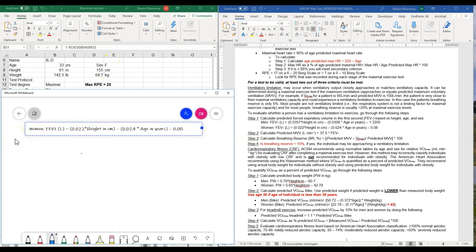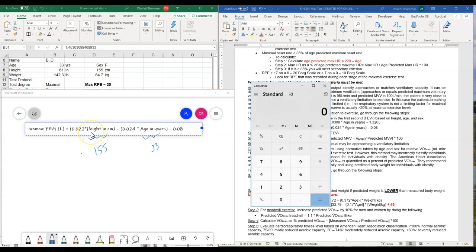And so you're going to substitute height. Height is going to be 155. You'll substitute age in years. It's going to be 33. And then you'll solve for this. So better to do the parentheses first, and I'm going to solve for it and give you the answer in a second. Okay, so let's do the first part. 0.022 times height, 3.41 minus, clear the calculator, 0.024 multiplied by 33. 0.792 minus 0.08.